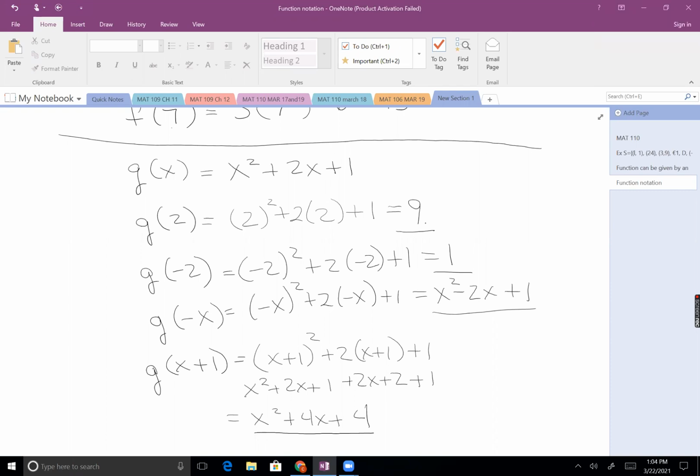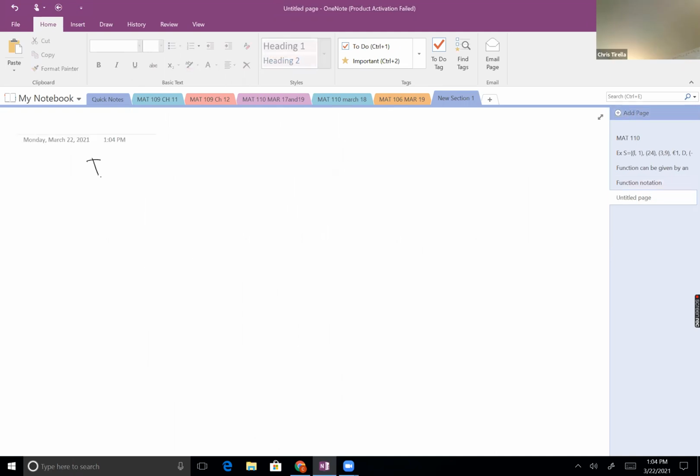Nope. If not, then sometimes we're asked to find the domain of a function given by an equation. And sometimes they specify what the domain is. They tell us what to use for x.